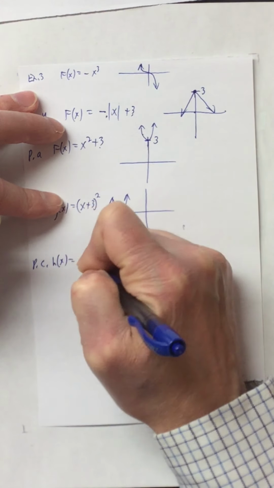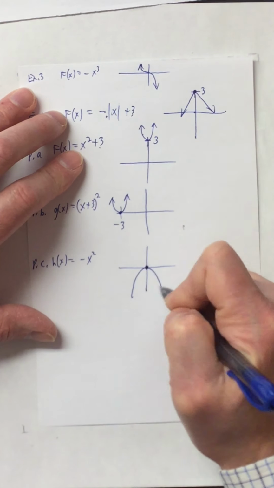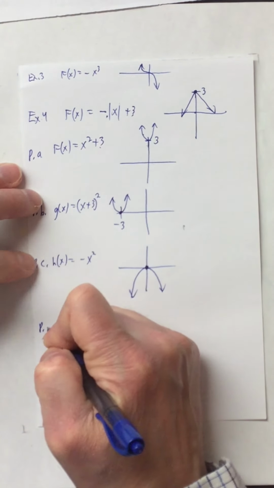Alright, so this one here is a reflection. My x squared, once again, is my parabola. It doesn't move any shifting, so it's right at 0 and 0, and it does go upside down as a frown face there.